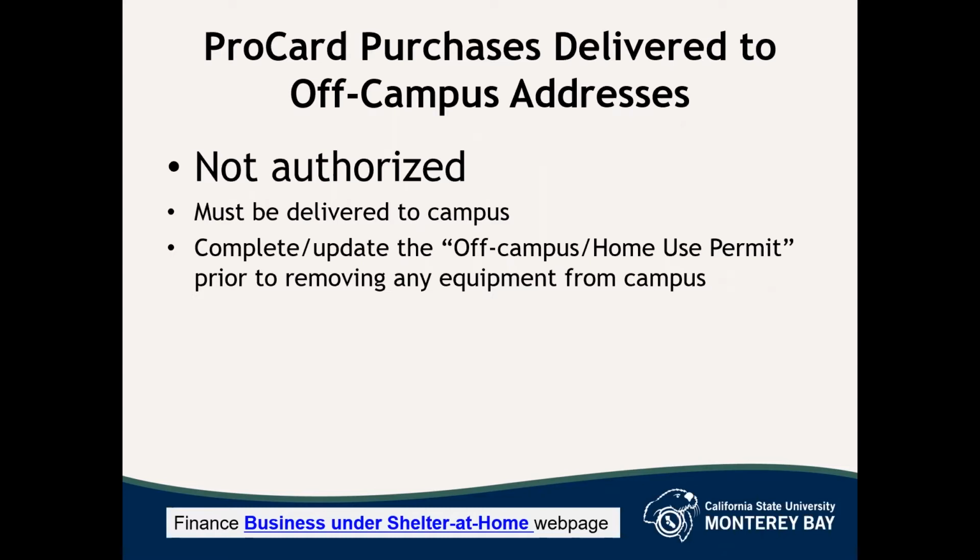You can pull down the off-campus home use permit to authorize any state equipment to be removed from campus and going to someplace off campus. So we're asking that you continue to follow that, but all the deliveries must be made to campus, and then you'll have to make arrangements for getting that off-campus home use permit completed and signed. Again, that can be signed electronically and moved through the process.